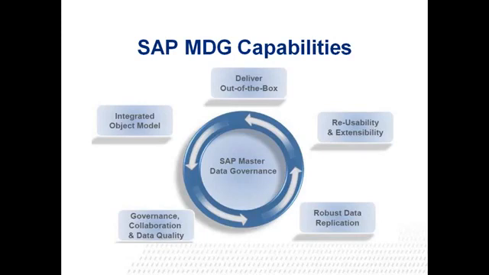We have a robust replication mechanism here. And reusability and extensibility: SAP has delivered a standard data model, standard UI and so on. You can reuse them as they are, and also extend your solution wherever you need.